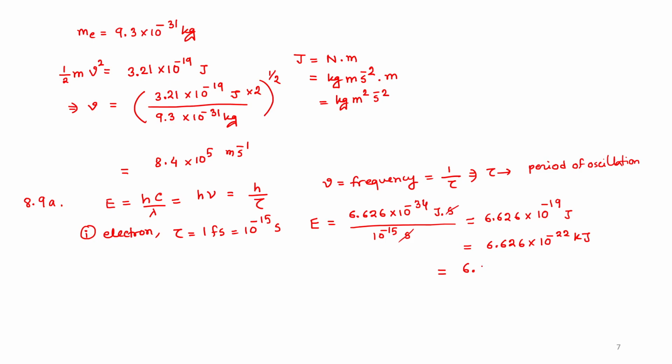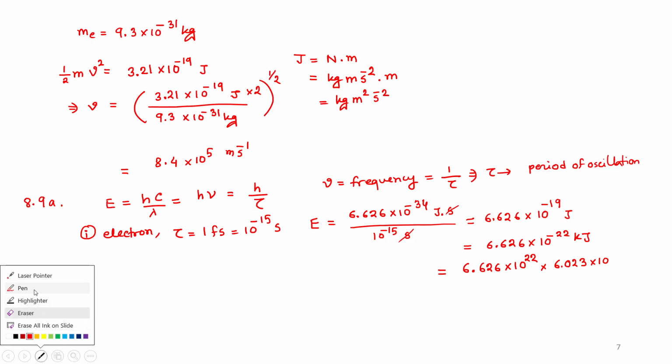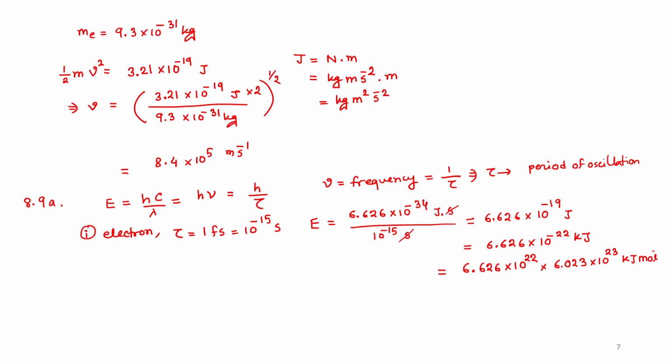The energy for 1 mole of electrons is 6.626 into 10 to the power minus 22 into 6.023 into 10 to the power, I'm making a mistake, not minus 23 but plus 23, and my unit will become kilojoule per mole, because the Avogadro number is per mole. So in terms of number it is 6.023, but per mole.